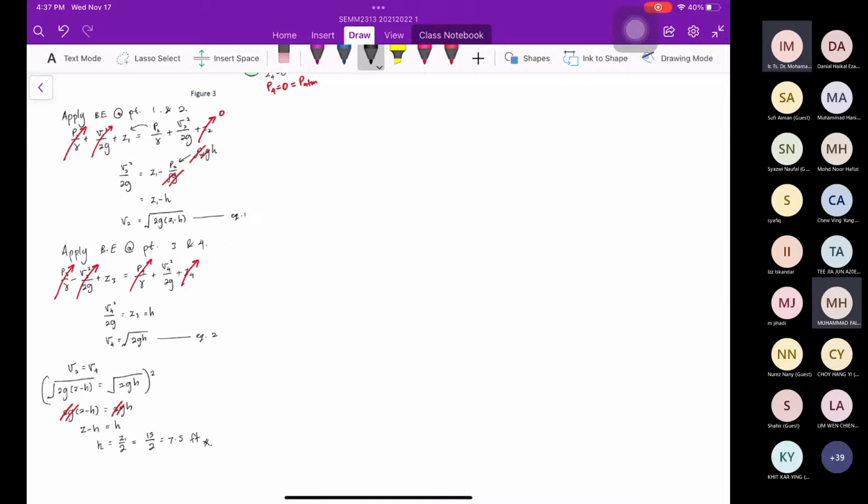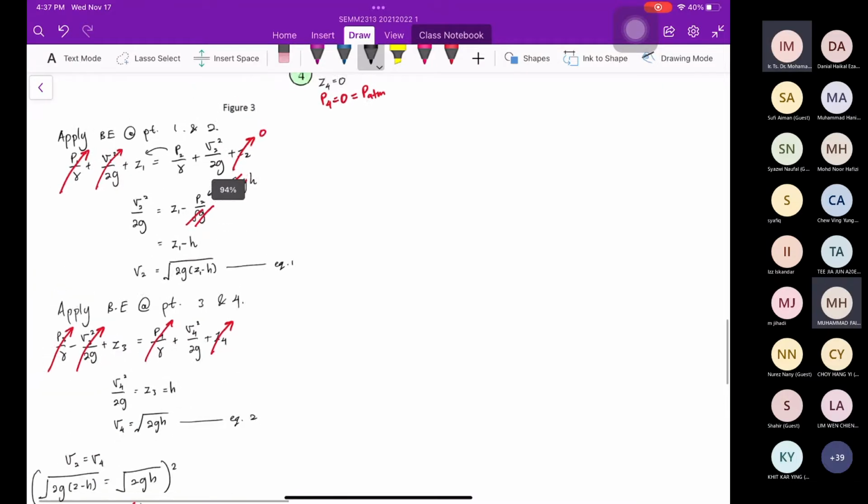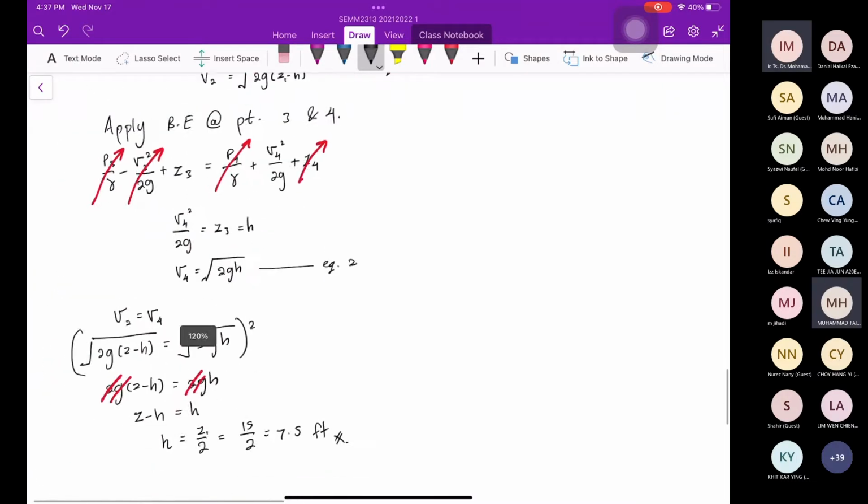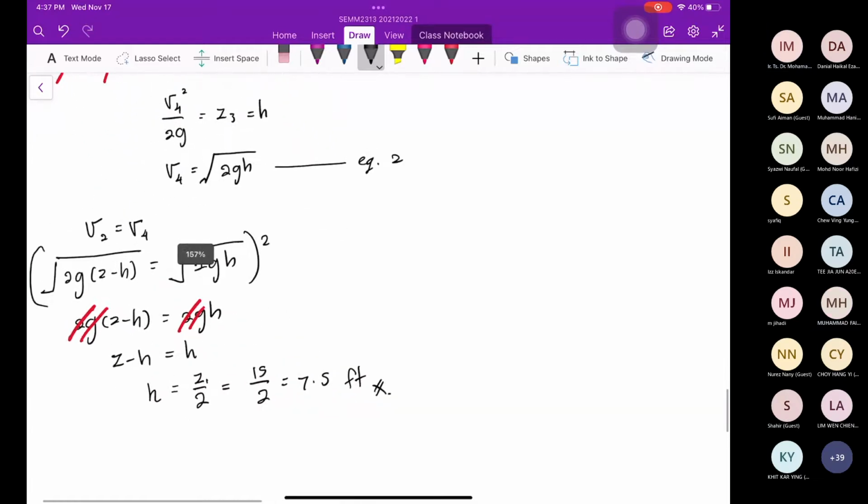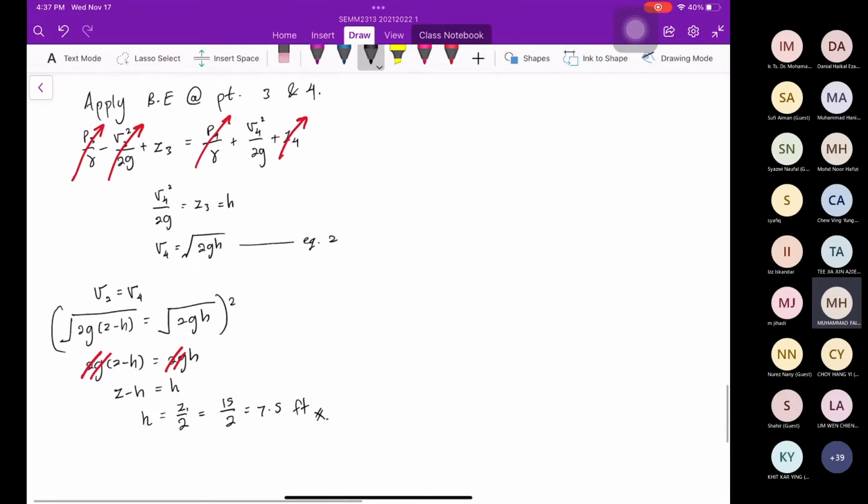Can or not? Okay, Faizal, do you have any question? Zoom in. Which equation? Which one? The one with V2 equal V4. Okay, this one okay, doctor. Okay, thank you, doctor.